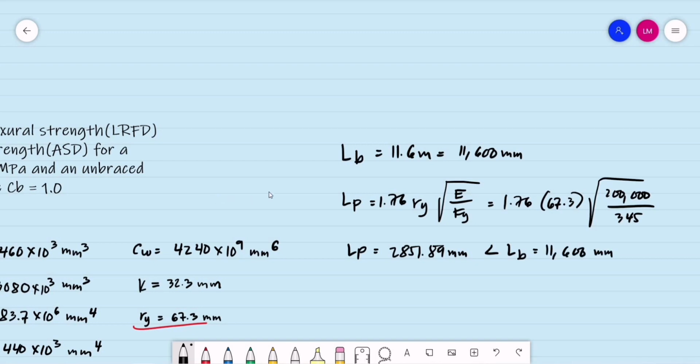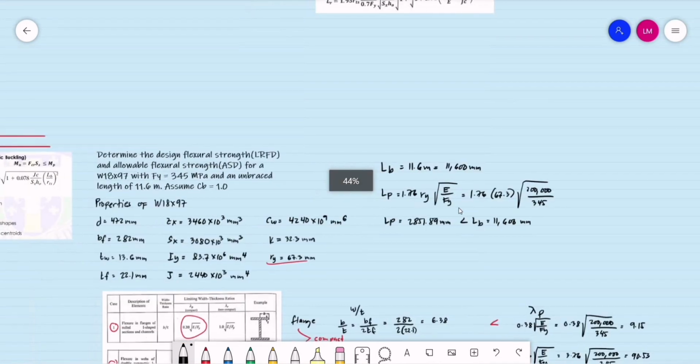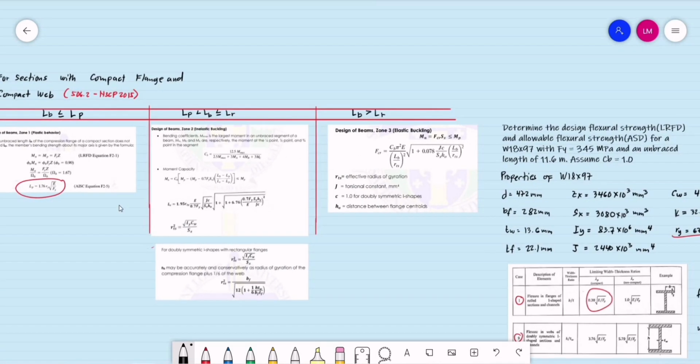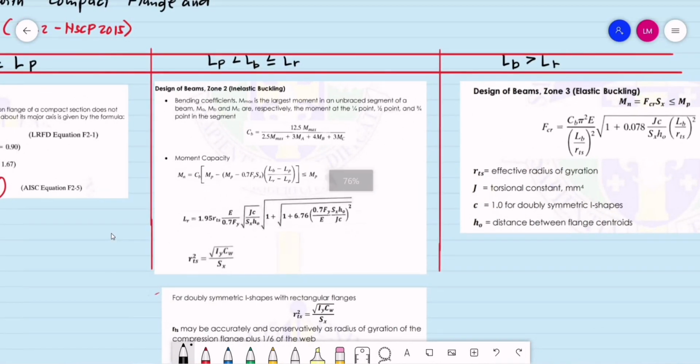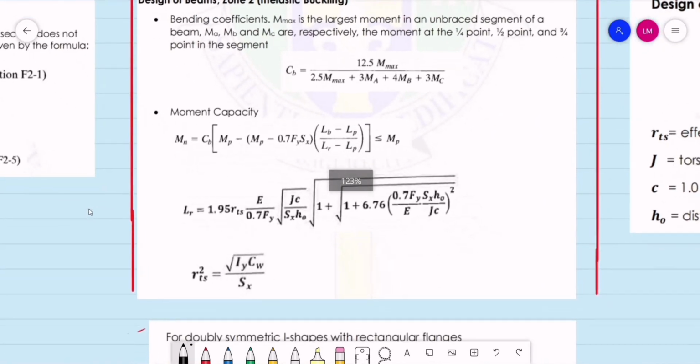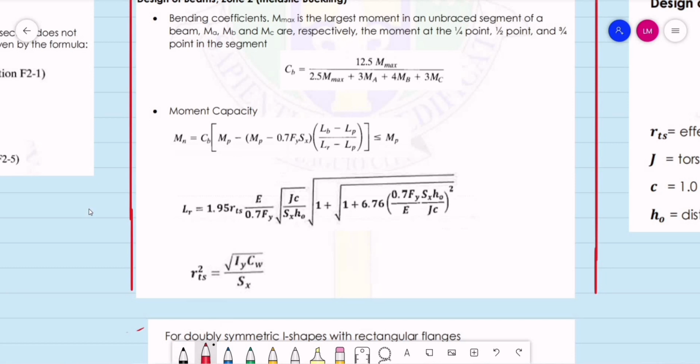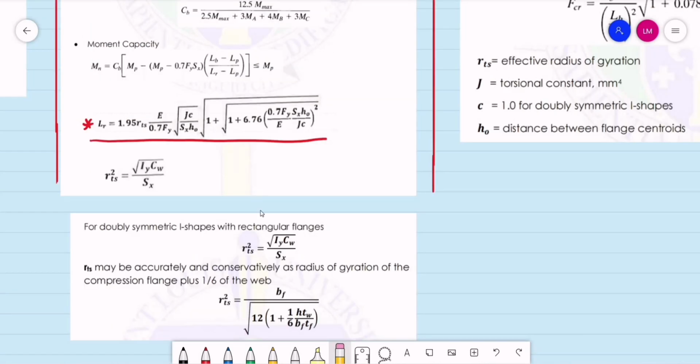So therefore, next step. We need to check if maybe this section is under zone 2. For us to determine if it is under zone 2, I will be needing this equation, and we are to compute for the value of L sub R. Also we'll be needing the value of the R sub TS.